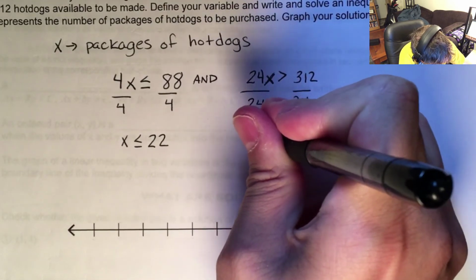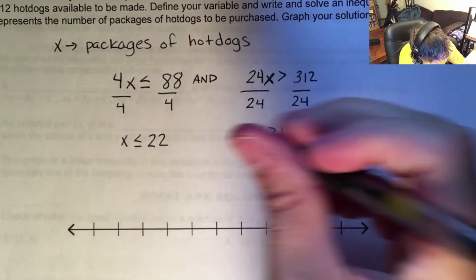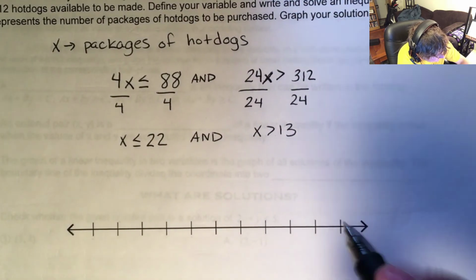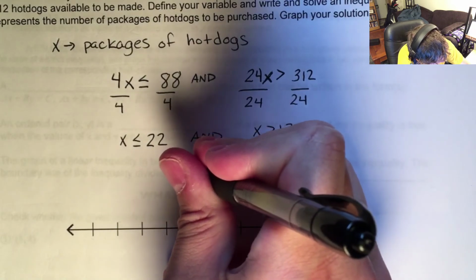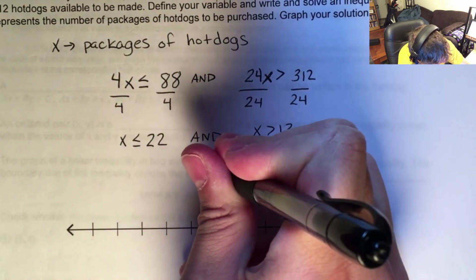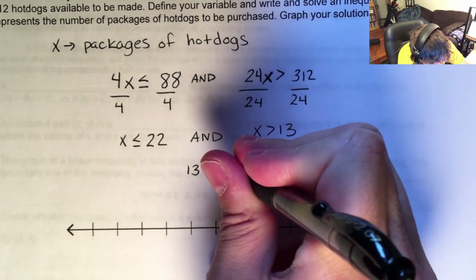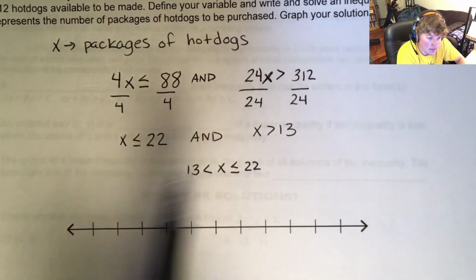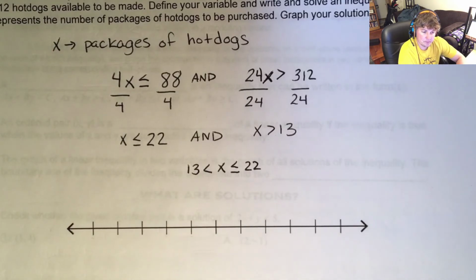So x needs to be greater than 13, and this is an and inequality. The equivalent statement to that would be that 13 is less than my number of packages of hot dogs, which is less than or equal to 22. This statement and this statement are the exact same thing.